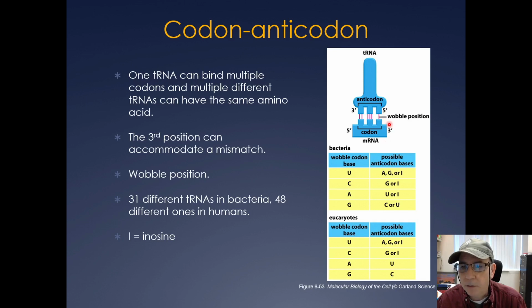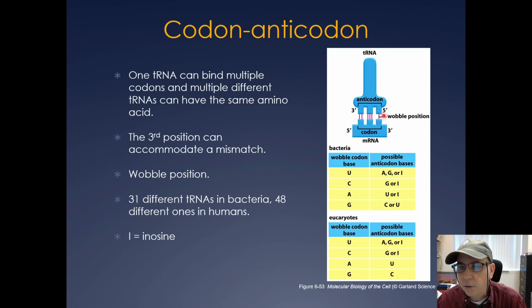And part of that is because of this wobble position, okay? The third position can accommodate a mismatch. And so if you have a wobble base of U, possible anticodons are A, G, or I, inosine, and likewise C, okay? And that's in bacteria. In eukaryotes, it's pretty similar for the most part.